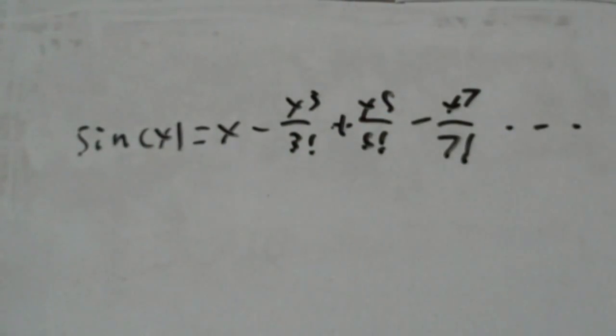And you, like the previous two, can plug this in your calculator, and again, like the previous two, you won't be able to get it exact, because it goes on to infinity, but with each added segment, you can get it closer to sine of x.